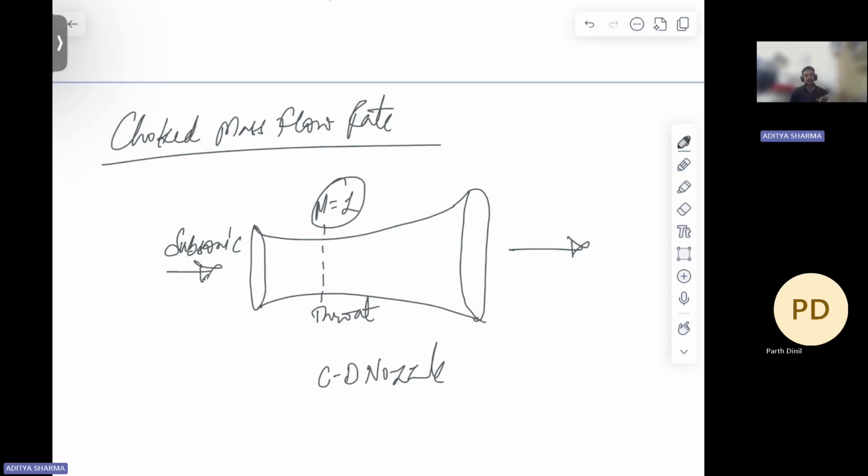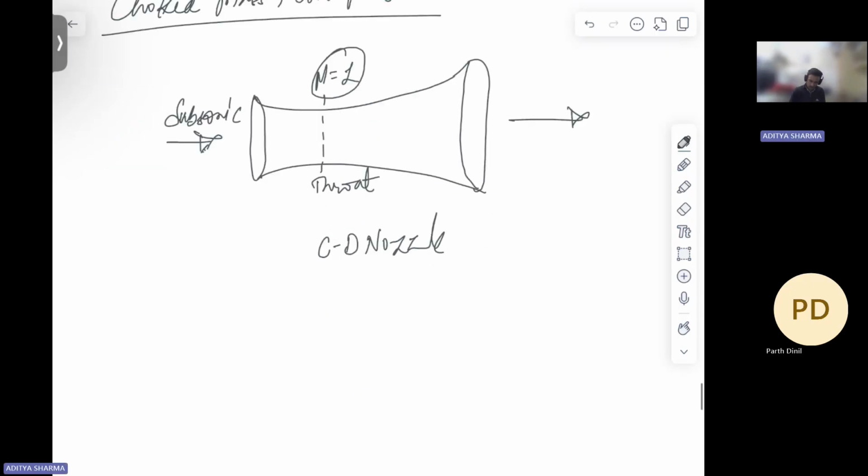And this condition defines the mass flow rate in a CD nozzle. So the mass flow rate related to this choked condition, this Mach 1 at the throat, is basically your choked mass flow rate. I hope this is clear.